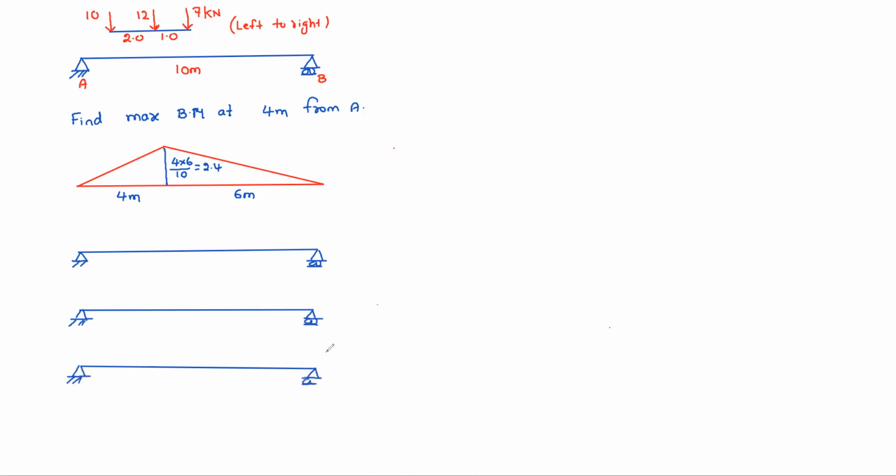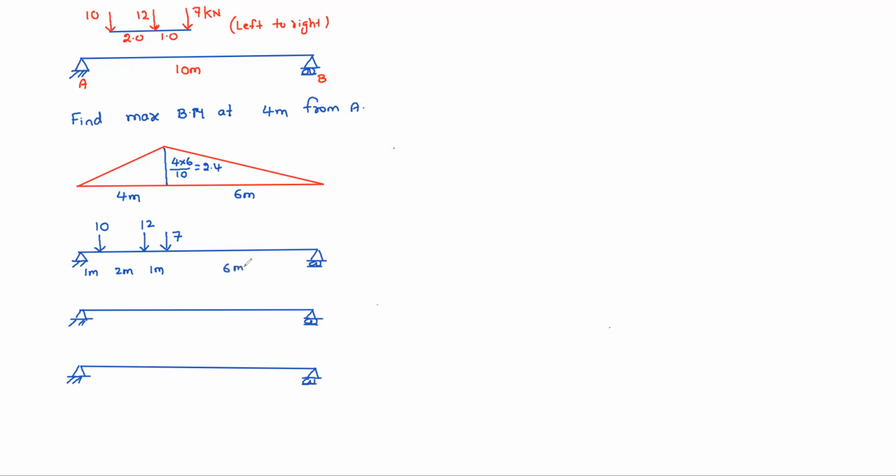First, keep that 7 kilonewtons here. 7. Then actually it is 4 meters, right? 4 meters means then here 12, then here 10. Okay, that means 1 meter, 2 meter, 1 meter, then 6 meters. Okay, like this.